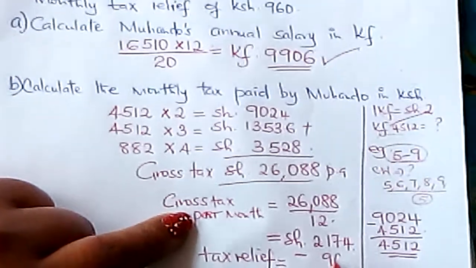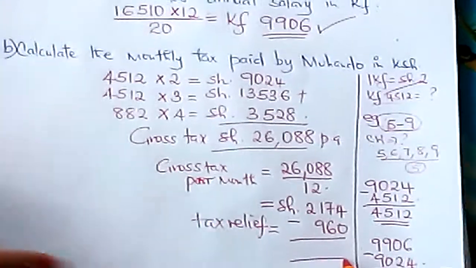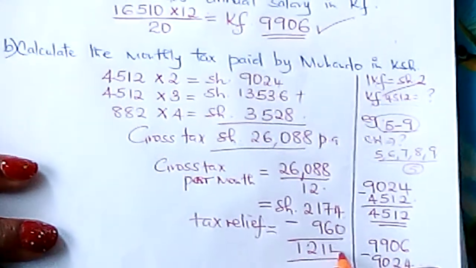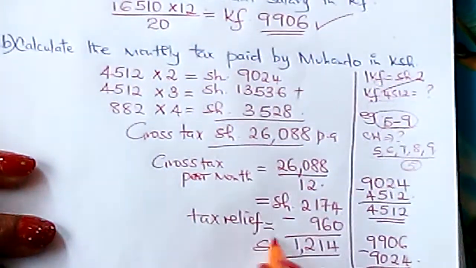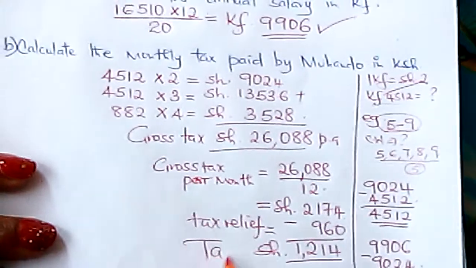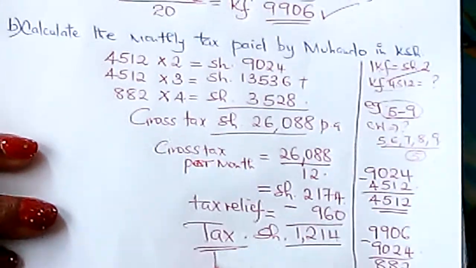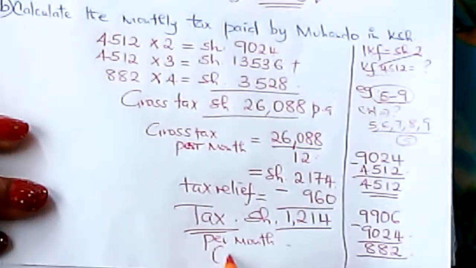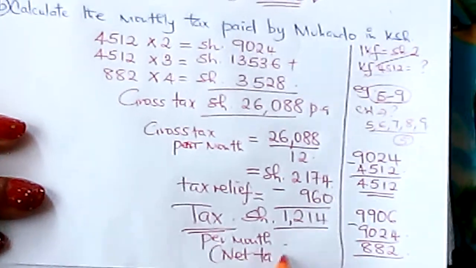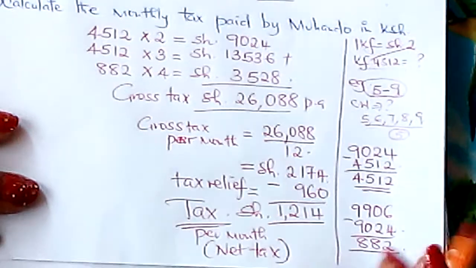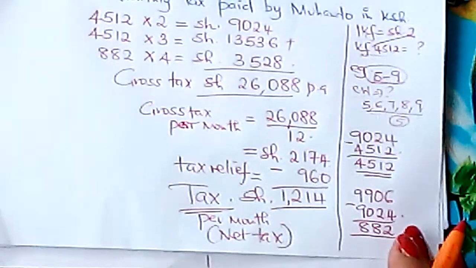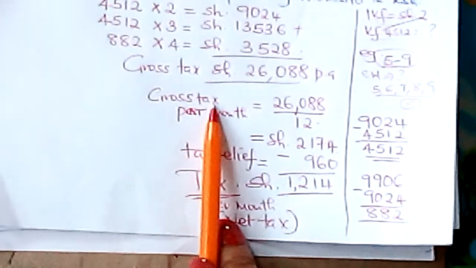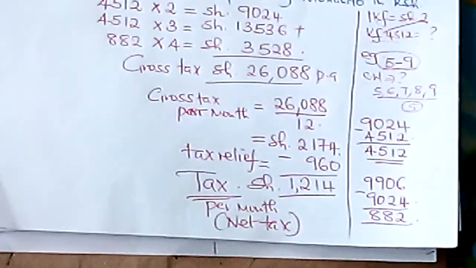So you subtract the tax relief, Lana, so that you get the actual tax that he pays, and therefore Muhando pays this tax per month, which we call the net tax. In short, this is the actual tax that Muhando pays. So reliefs, learner, are subtracted from the gross tax to get the actual tax.